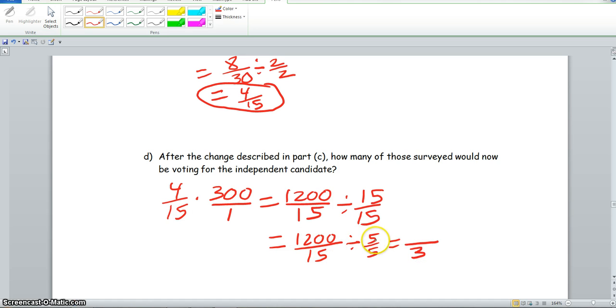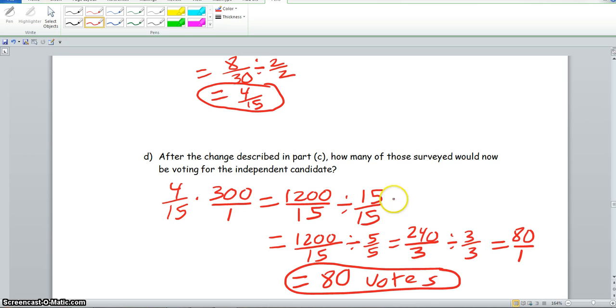And 1,200 divided by 5 is 240. Now we could divide both of these by 3. 240 divided by 3 is 80. And 3 divided by 3 is 1. So your final answer here is 80 votes.